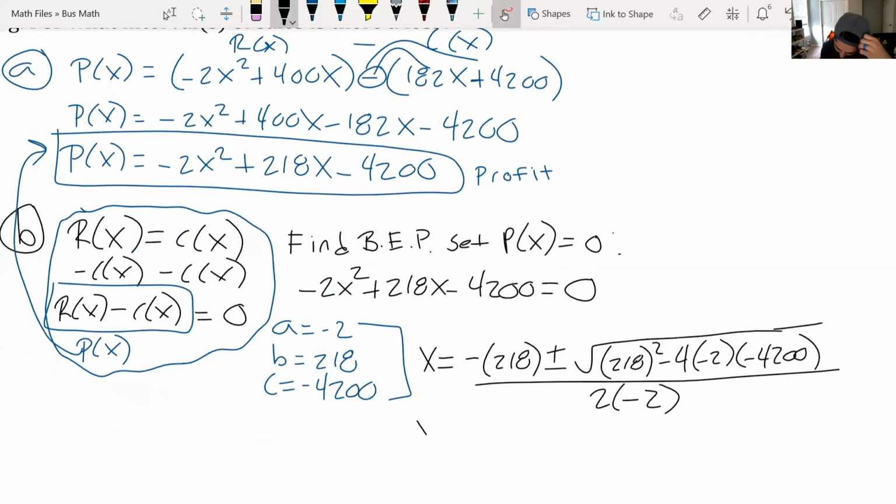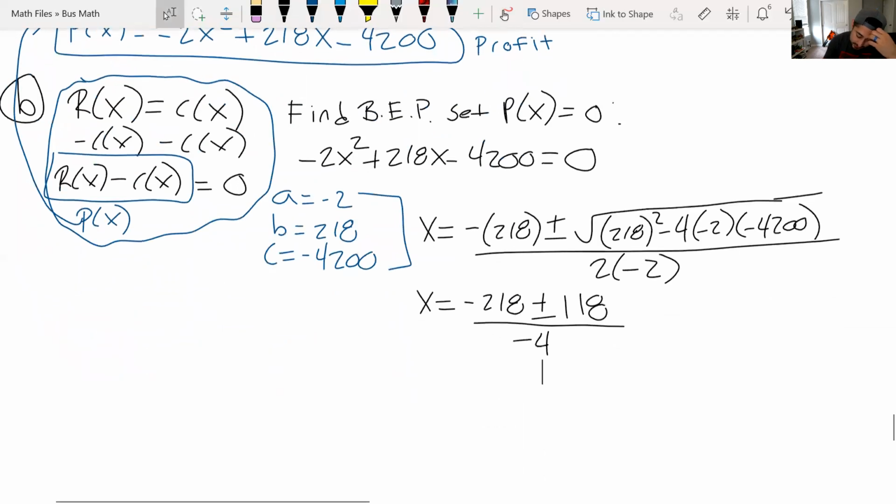Clean up. X equals negative 218 plus or minus, and I hope you know how to type it in your calculator by now. So I get 218 squared minus 4 times negative 2 times negative 4200, and I get 118 over negative 4. Okay, now plus root, minus root.